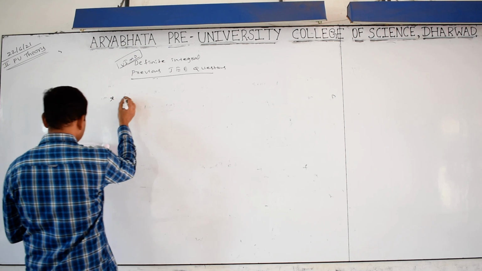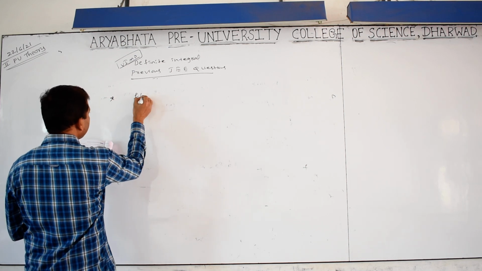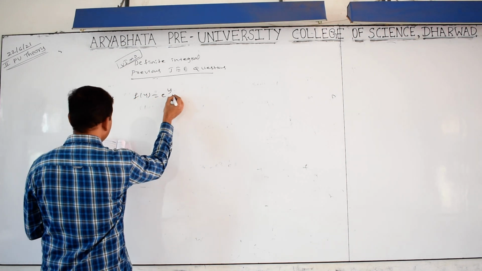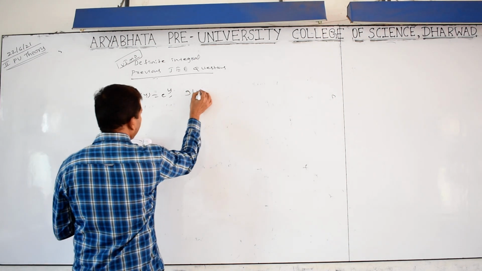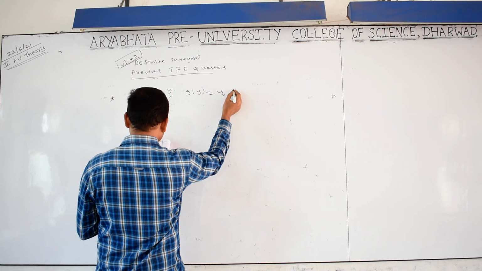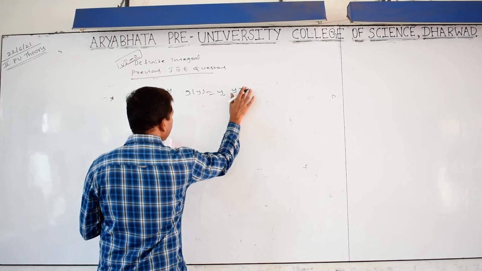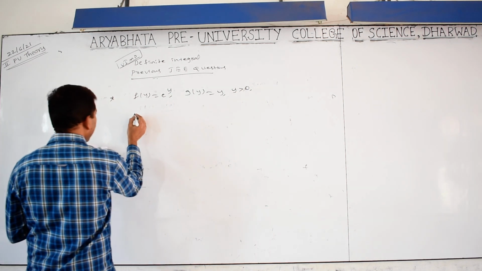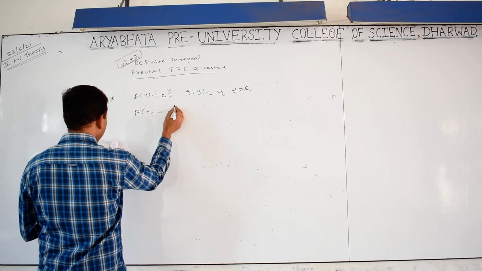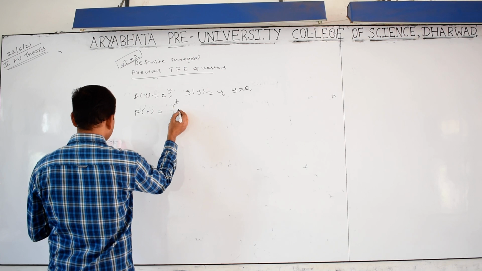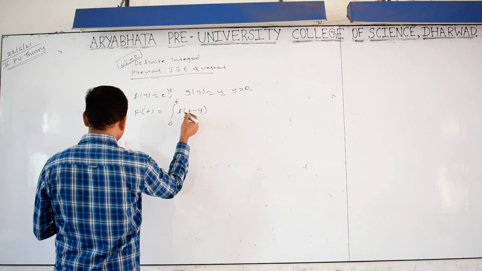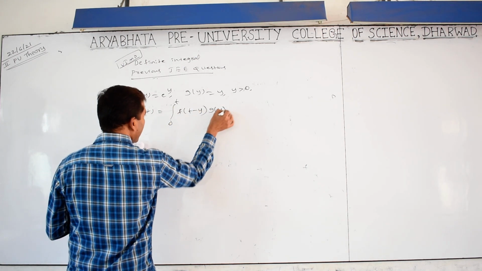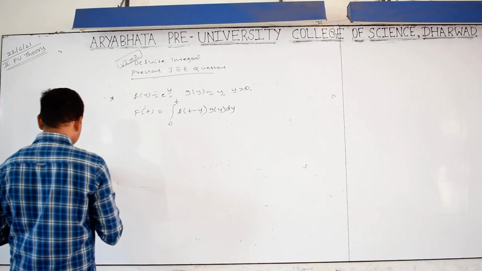Next question is 2003 question. F of y equal to e power y, g of y equal to y, y is greater than 0. F of t equal integration of 0 to t, f of t minus y into g of y dy.